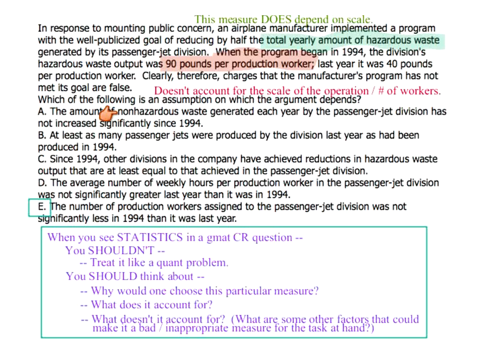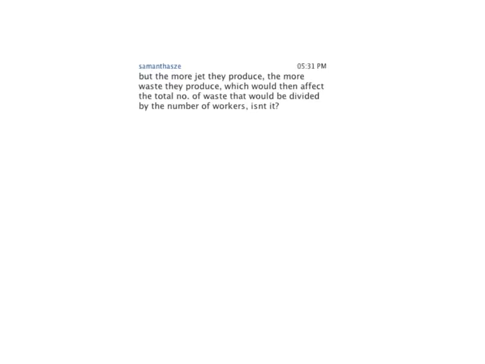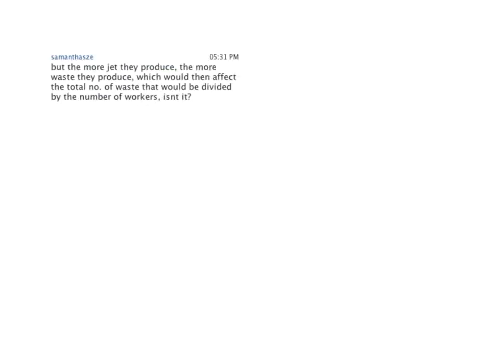And then, Samantha, we actually addressed this point already, but we'll address it again in case you didn't hear. We don't know this. We don't have any idea whether this is true. Maybe the hazardous waste is just from the general operations of the factory.